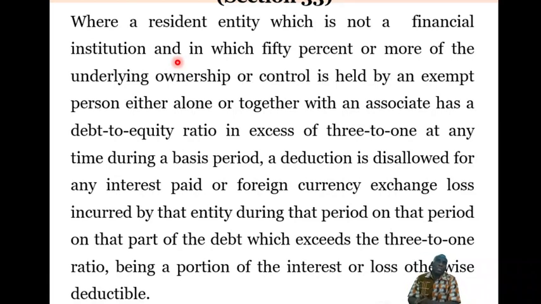They put a cap on it, 3:1, which means that any exempt person that has an equity stake in the resident entity, if the exempt person is giving capital to the resident entity in form of debt, the debt should not be more than 3 times the amount of the equity capital. That's all they are trying to say.